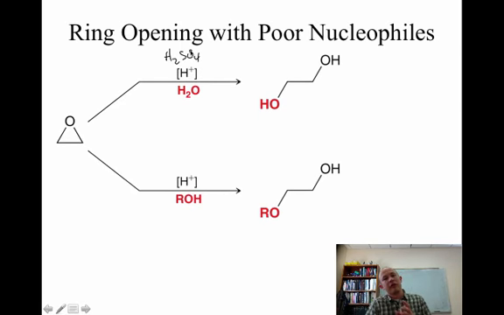Sulfuric acid is a source of protons, but the conjugate base of sulfuric acid is not going to do anything else in the reaction, so you can think about it as just protons. Okay? So if we take an acid and water, we get the same product that we got from sodium hydroxide. If we take acid and an alcohol, we have a new ether, kind of a product, with the alcohol bonded to one of the two carbons in the epoxide.